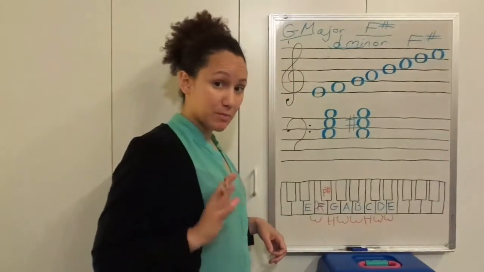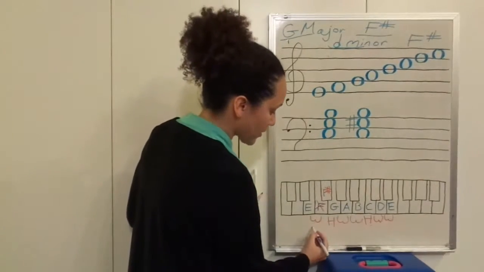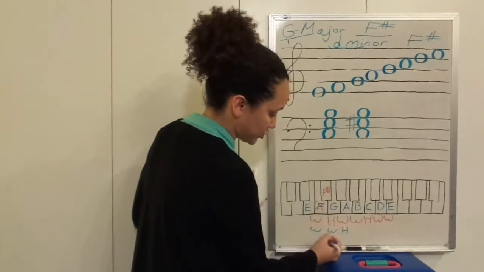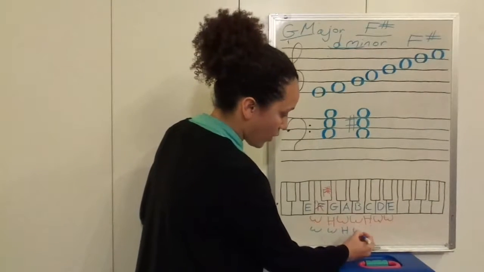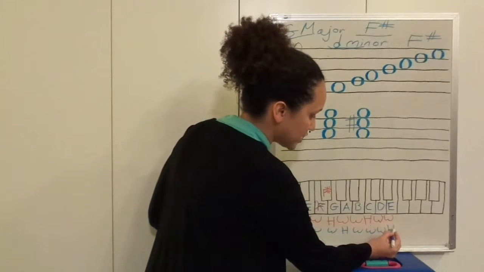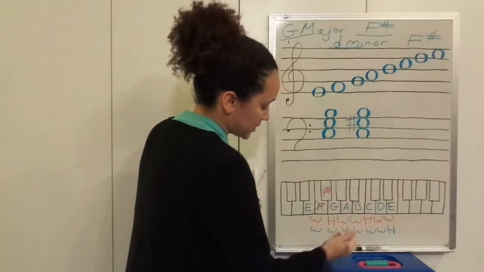That's different from major, which was, and I'm going to put it in blue here, whole step, whole step, half step. So there are two whole steps first, then a half step. So this is a very different pattern. Let me do that again.